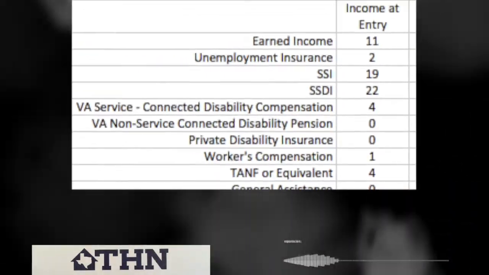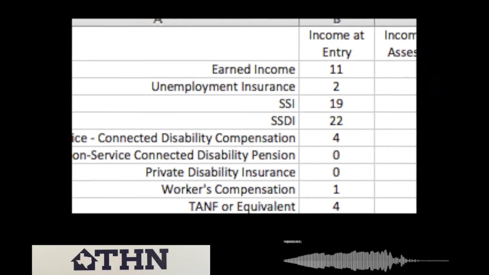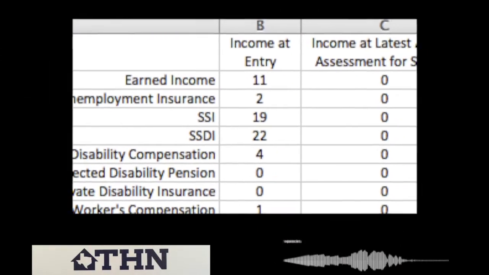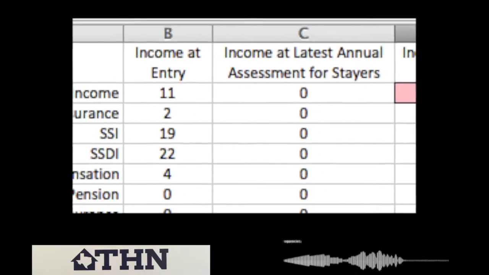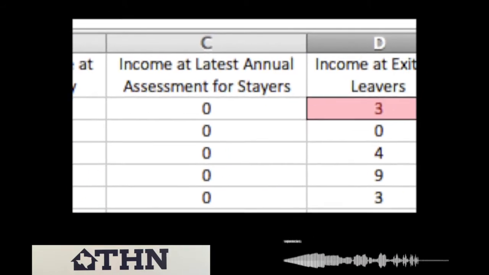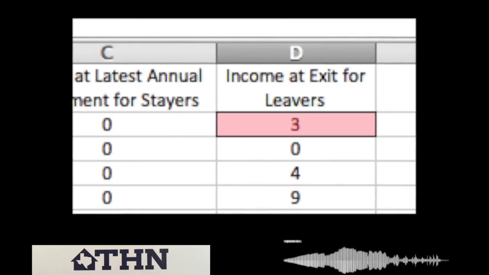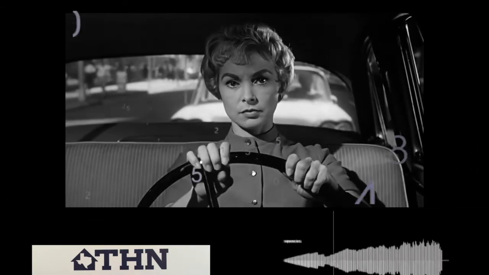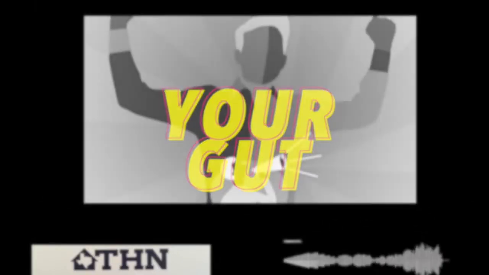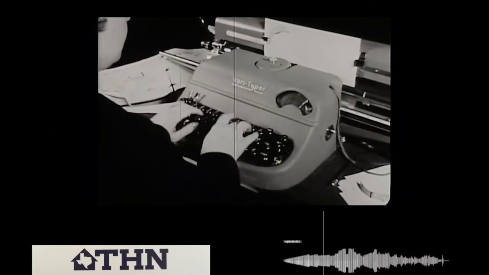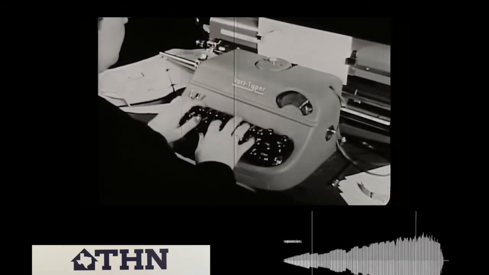If you are looking at an income performance measure, for instance, and you know about half of your clients gained a job while they were in your program, and you see that your performance metrics say that only 2 or 3 of your clients gained income through employment, you can do that gut check and correct it, because you have knowledge of your program outside of this report.